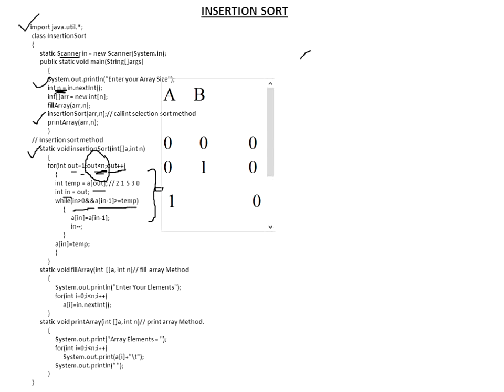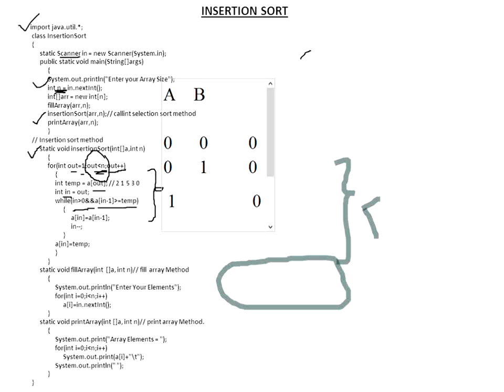So here 0 means false and 1 means true. So you can see, only when both the conditions are true, the output is true. Otherwise, the output is false.